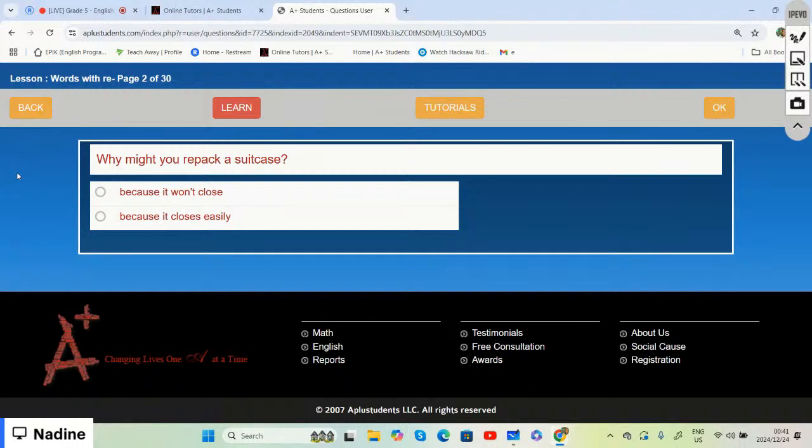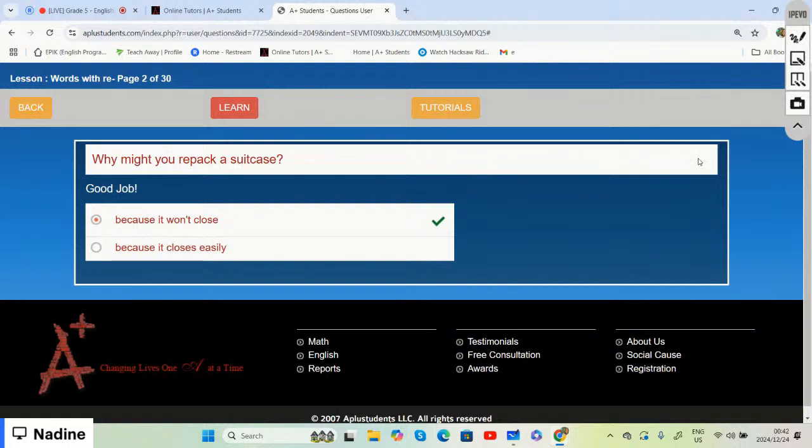Why might you repack? All right, and we said, why might you repack a suitcase? Then we can say it's option one, because it won't close.